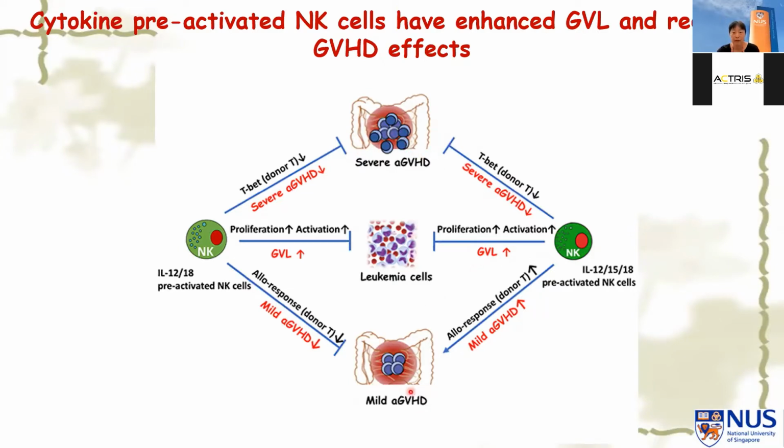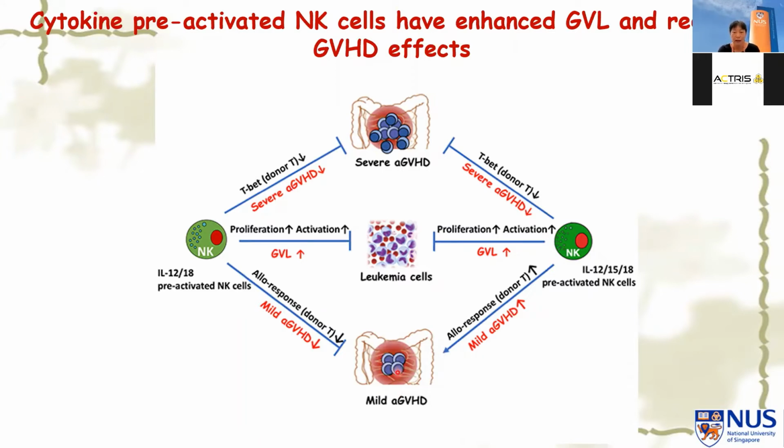But in terms of mild acute GVHD, we can see that the 12-18 activation can inhibit or reduce mild aGVHD, but the triple activated NK cells can actually promote GVHD. So in this setting, it's interesting to further look at the NK cell functions in the transplant setting, because a slight difference here can make a big difference in the outcome, and could be an opposite effect.